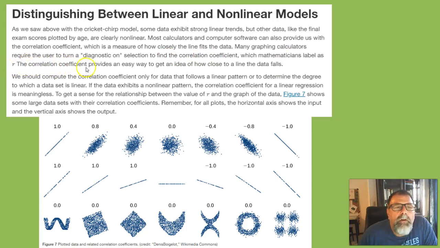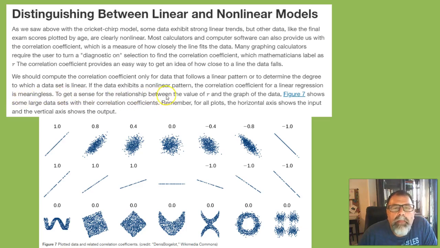The correlation coefficient provides an easy way to get an idea of how close to a line the data falls. We should compute the correlation coefficient only for data that follows a linear pattern, or to determine the degree to which the data set is linear. If the data exhibits a nonlinear pattern, the correlation coefficient for a linear regression is meaningless.